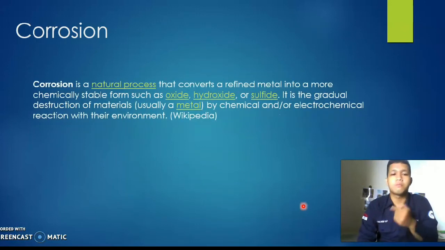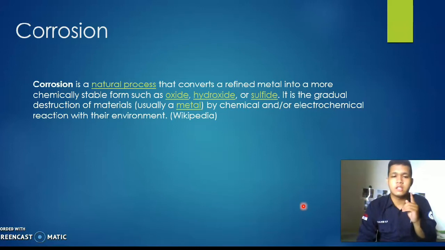Corrosion is a natural process that converts a refined metal into a more chemically stable form such as oxide, hydroxide, and sulfide. It is a gradual destruction of material, usually a metal, by chemical and or electrochemical reaction with its environment.